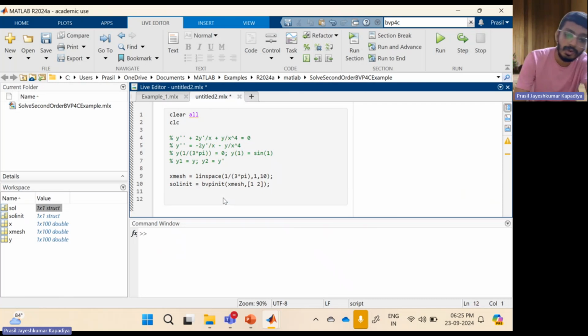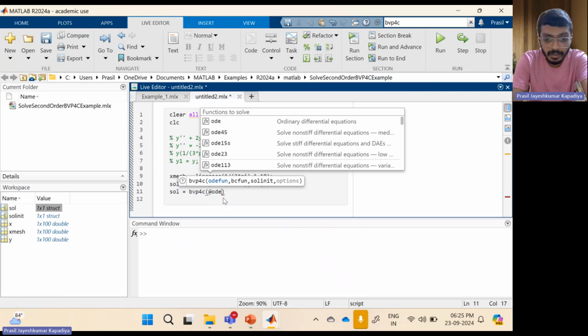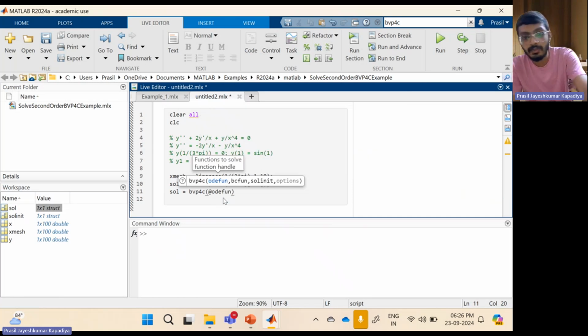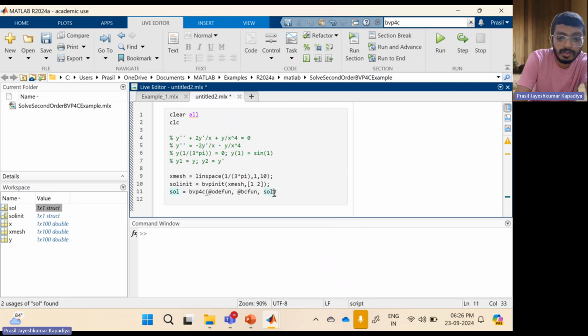So let's first write down solution is equal to bvp4c of, at the rate, first we need to write the ODE function where we are defining our equation. Then second is the boundary condition function, at the rate BCFUN, comma, this sol init. So this is done.